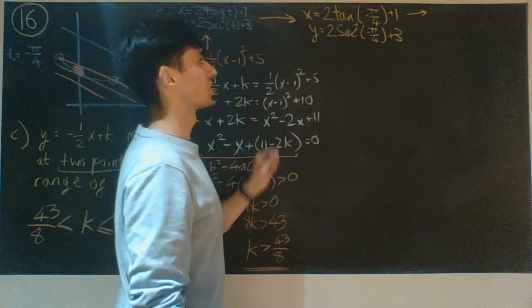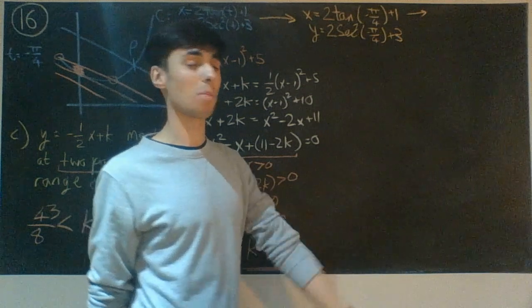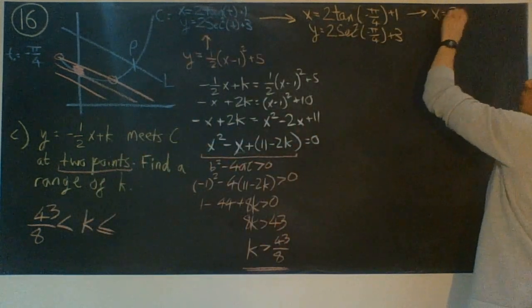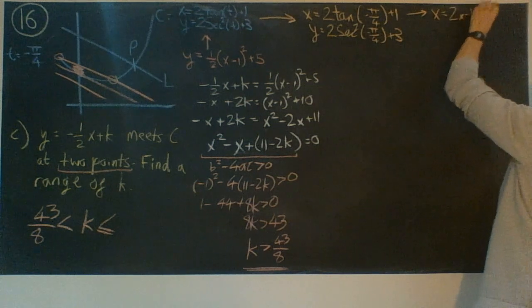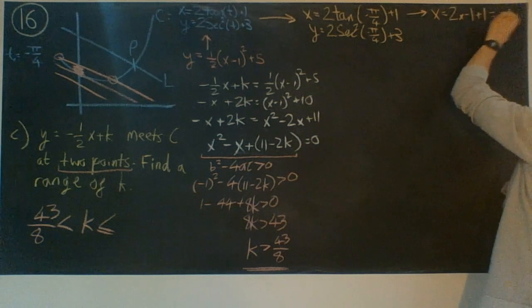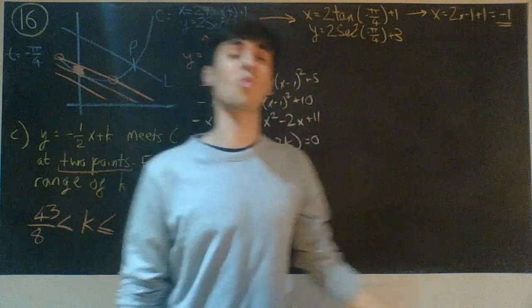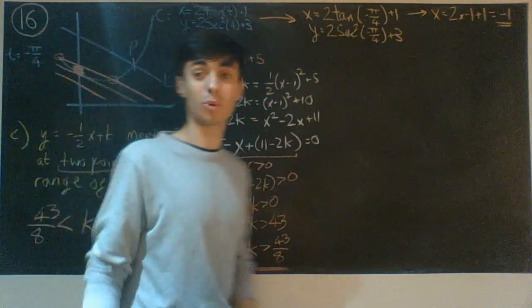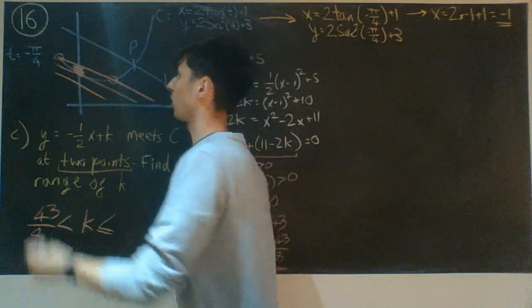So x is going to be 2 times minus 1 plus 1, which will give us minus 1 when we work that out. So the x coordinate over here at this point is minus 1. Let's write that in.